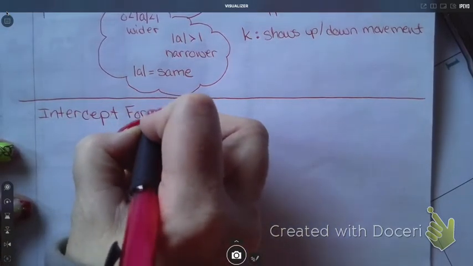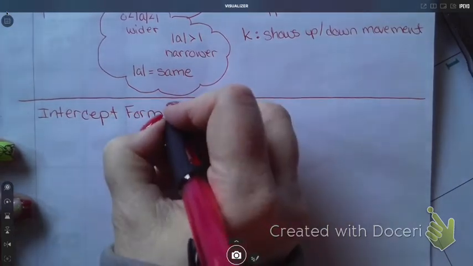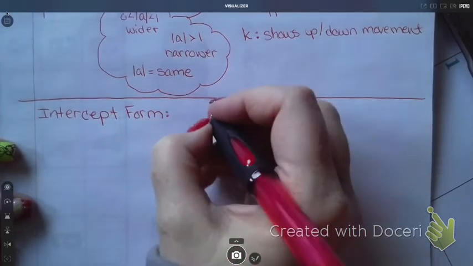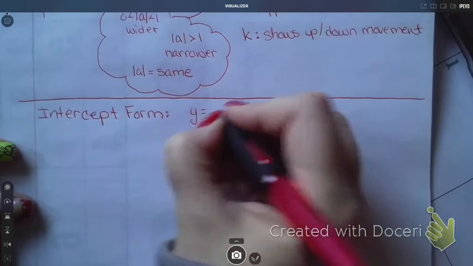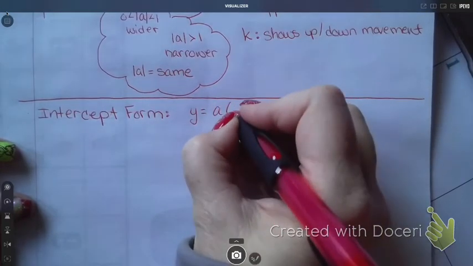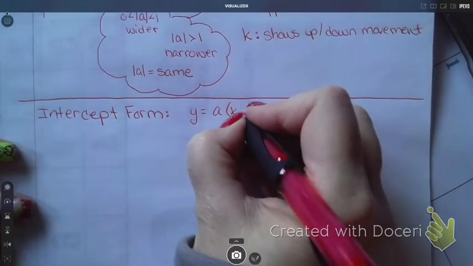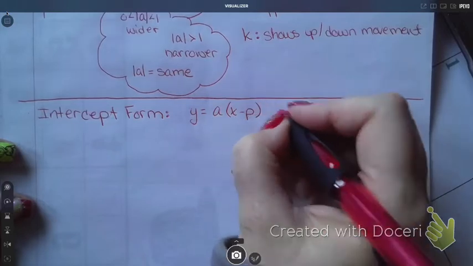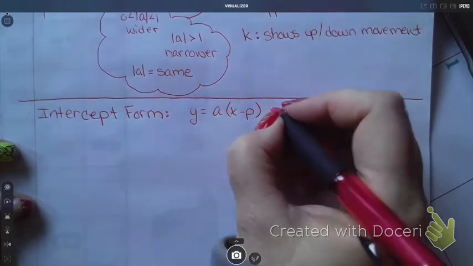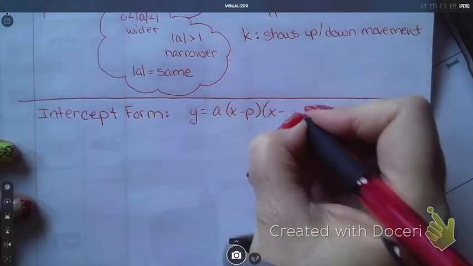So intercept form is y equals a, x minus p, x minus q.